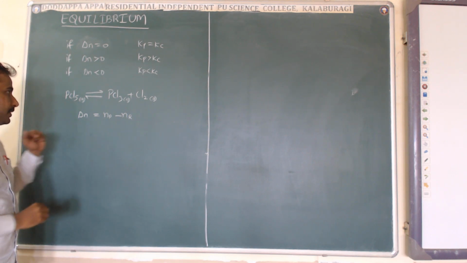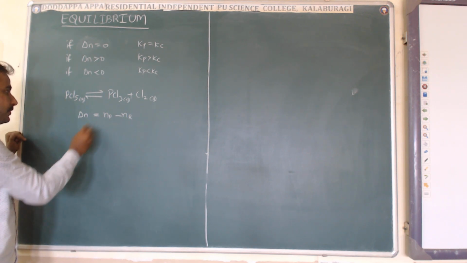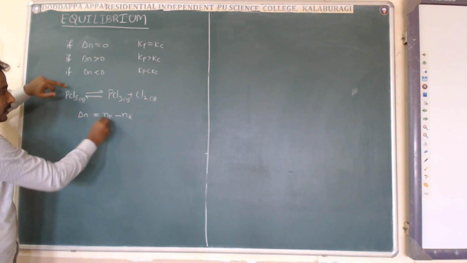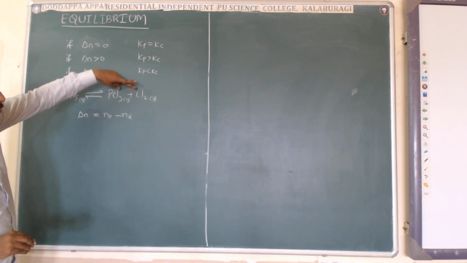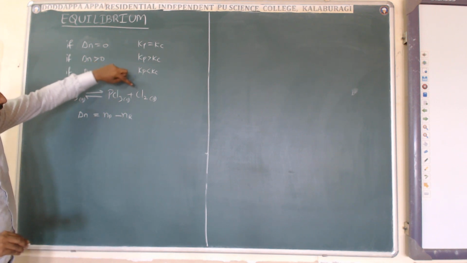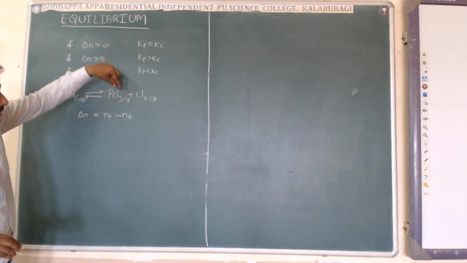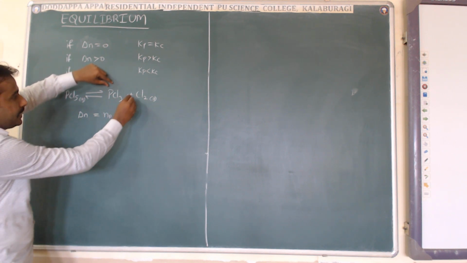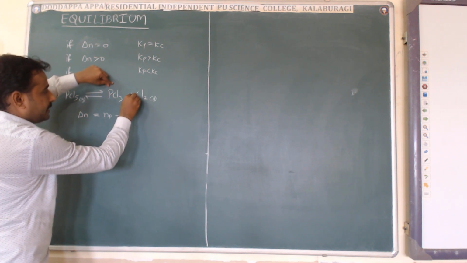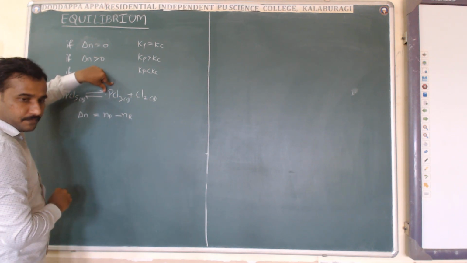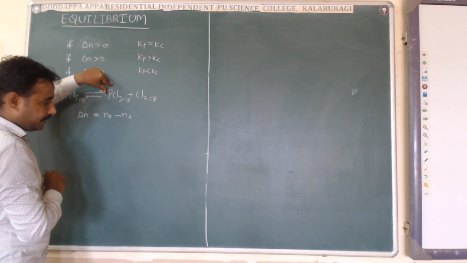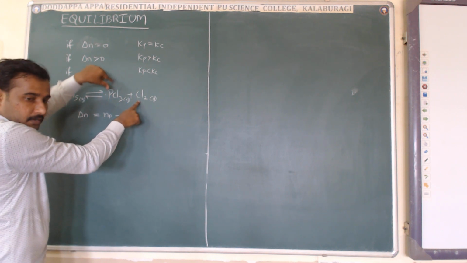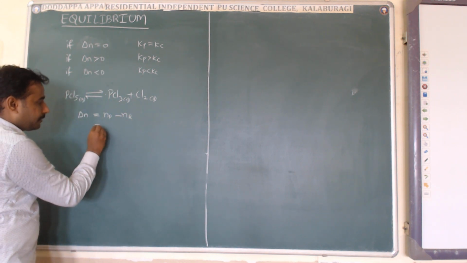Here, the products are two: PCl3 and Cl2, that is phosphorus trichloride and the chlorine molecule. Nothing is there on this side, so one plus one becomes 2.